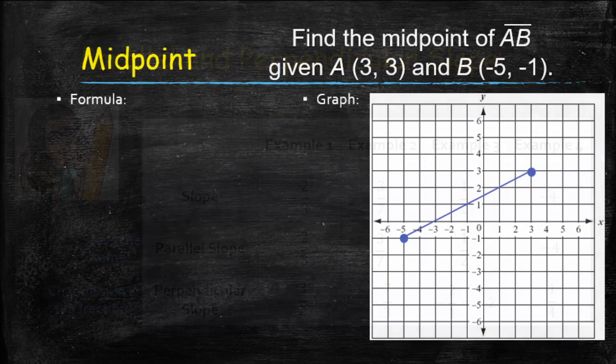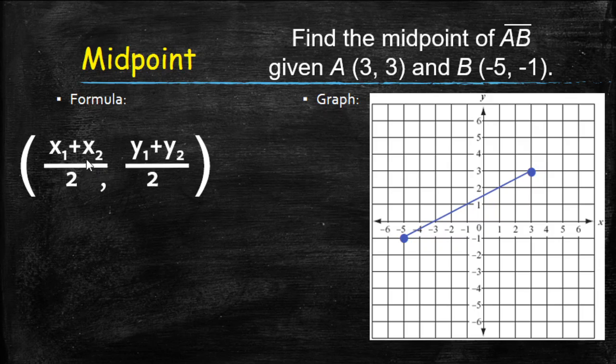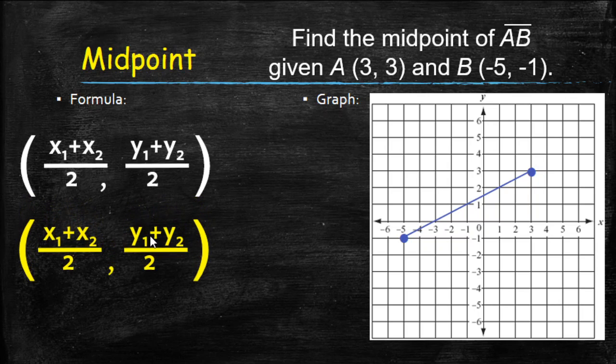For midpoint, we have two methods we can use. To find the midpoint of AB, we have A (3, 3) and B (-5, -1). To use the formula, we add our x values together and divide by 2, and add our y values together and divide by 2. So I can write out my formula and replace my x's and y's with our x's and y's.